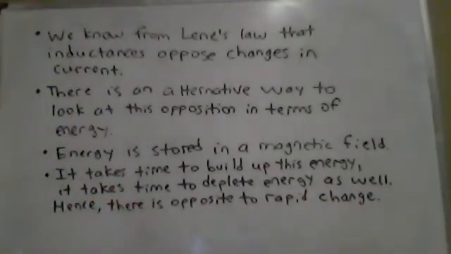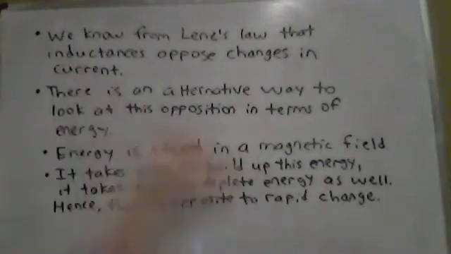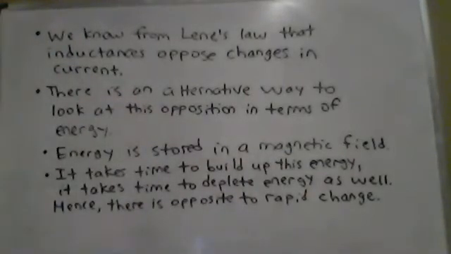When you put an inductor in a system, because of this effect of opposition, it's going to cause a slowing down of the current. We're going to see this a little bit when we talk about our last topic, which is our RL circuits. We're going to see how the current doesn't just go to a maximum value very quickly. It gradually increases in time, approaching an asymptote.